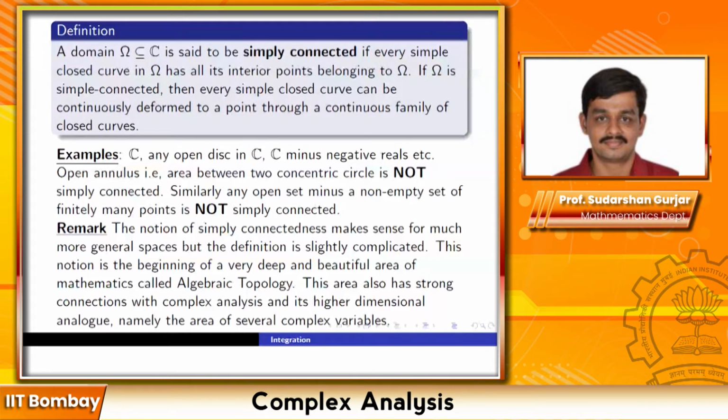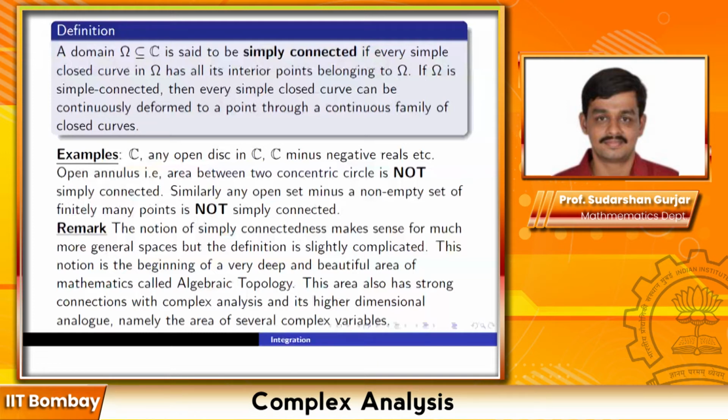I explained in the figure how if I remove one point, it is not simply connected. Instead of removing one point, if I remove finitely many points, that finite set should be non-empty, it is again not simply connected for the same reason. It becomes less and less simply connected in some sense. The situation only worsens if you remove more points.